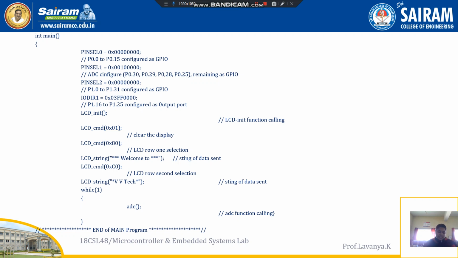The pin select register should be 32 bit, and it selects the particular pin to display the output at the port address, that is port 0 pin number 28. We call it our ADC function pin to display the exact output.